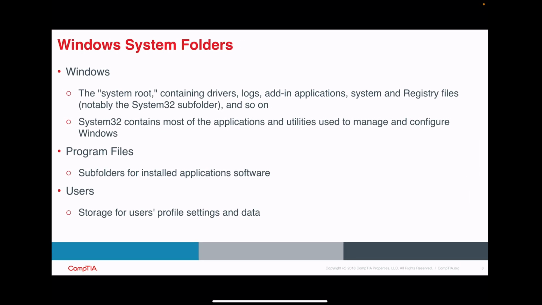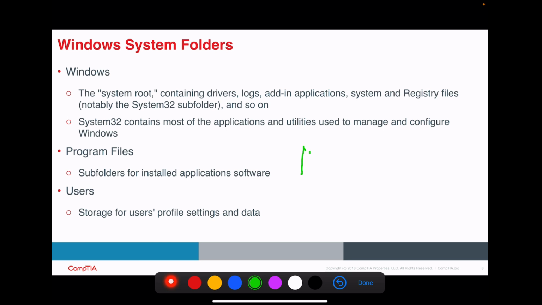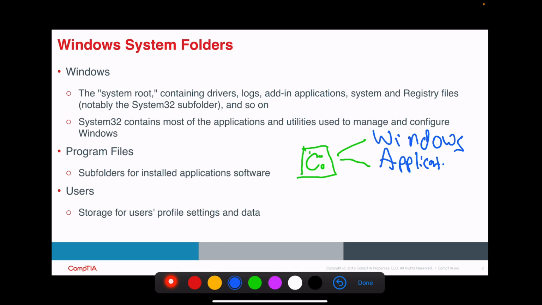So what does this look like in practice? Well, we have our root, so in this case it's our C drive, okay? So from there we have our Windows, okay? And then we also need space for our applications, okay? So on the Windows side, this will be our programs, or our program files, okay?